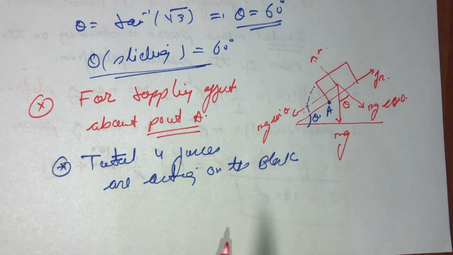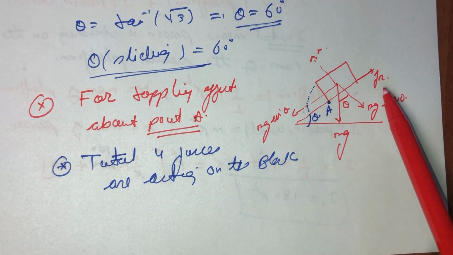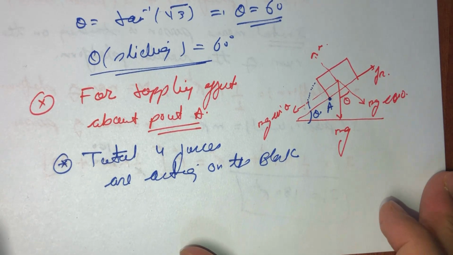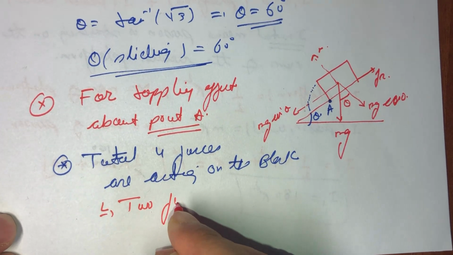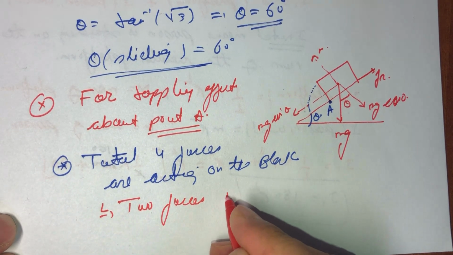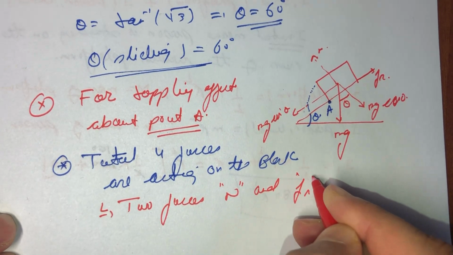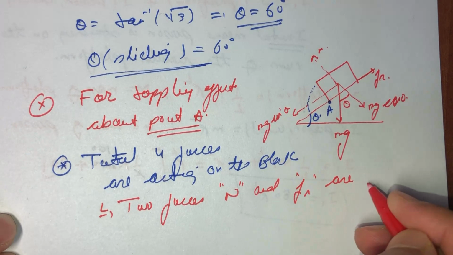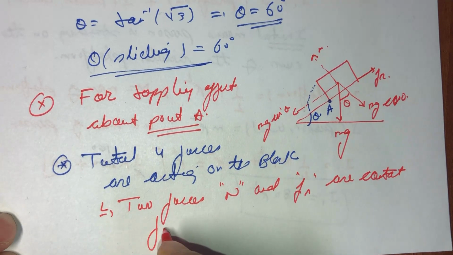Out of these 4 forces, 2 forces are contact forces, normal as well as force of friction. So the 2 forces, normal and frictional force, are contact forces.